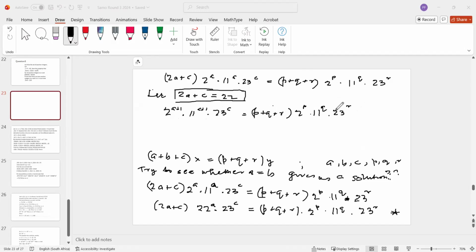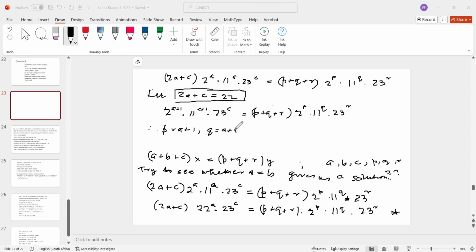And since the factorization is unique, I must have that p is equal to a plus 1 and q is a plus 1. Because the power of 2's must be the same, the power of 11, and same with the power of 23.